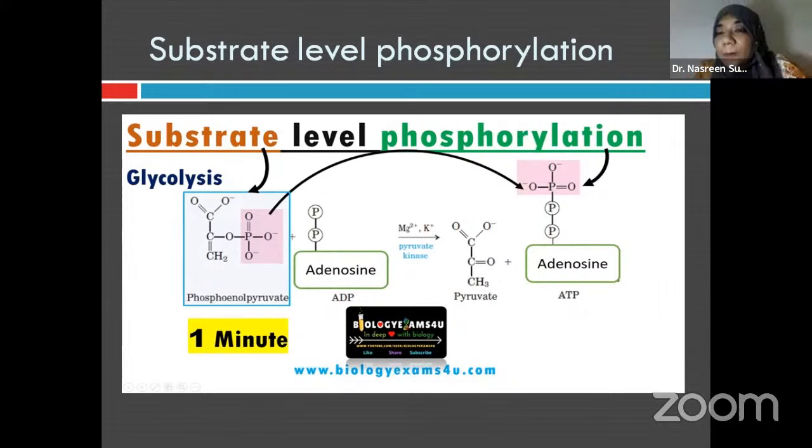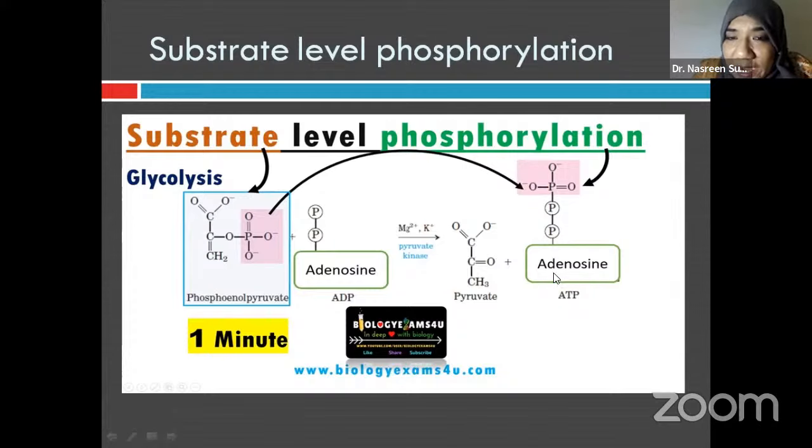Now this ATP will become ADP, and the substrate will be phosphorylated. So here you can see you have phosphoenol pyruvate. Then you are adding adenosine triphosphate. This is ATP.